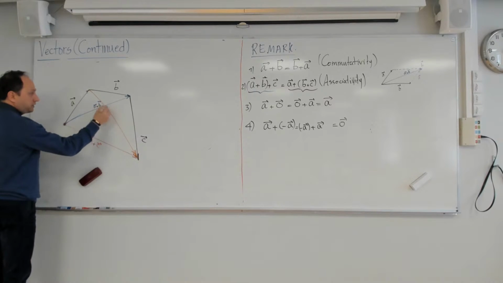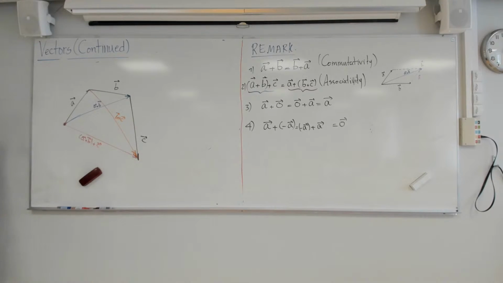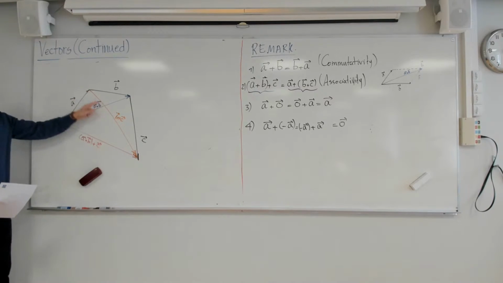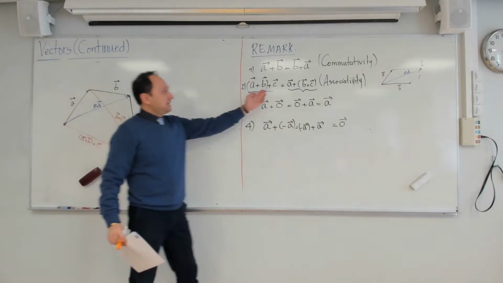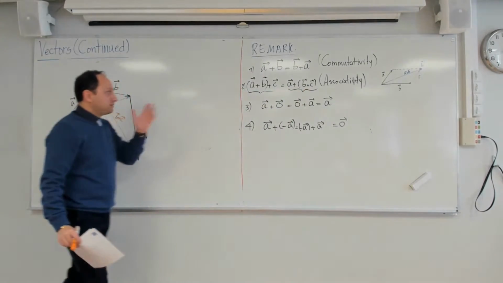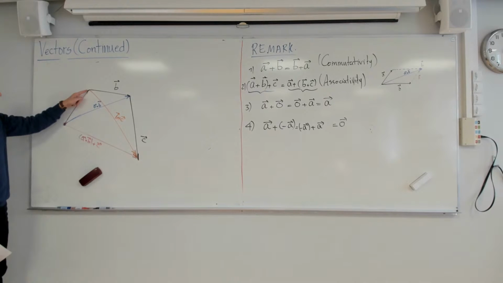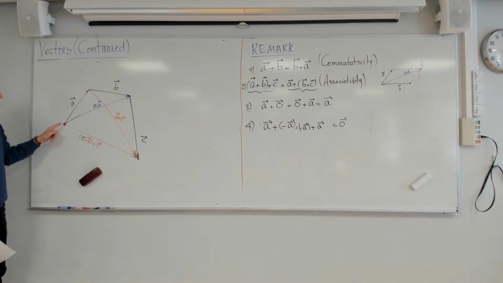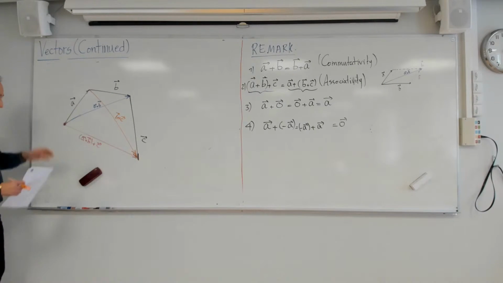So if I ask you what is this orange one, you would say this is B plus C. This orange one is B plus C. But now I want to add A to B plus C. You see, I want to add A to B plus C. Forget about the names. I have a black arrow and an orange arrow drawn in the standard form, and I want to add these two arrows together. So what should I do?